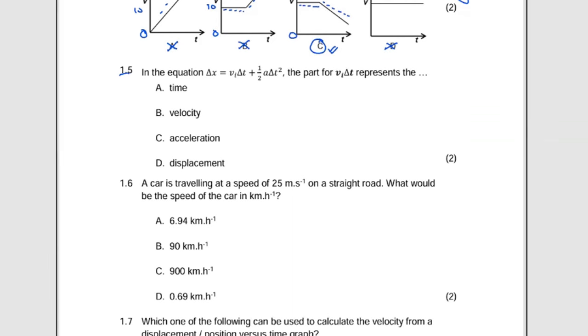Then we're going to proceed to question 1.5. It reads: in the equation delta x is equivalent to vi delta t plus half a delta t squared, the part of vi delta t represents what? Basically here we are representing displacement, but how do we work this one out? Remember, we know velocity is defined as the rate of change of displacement.